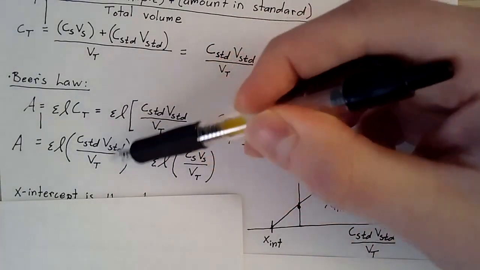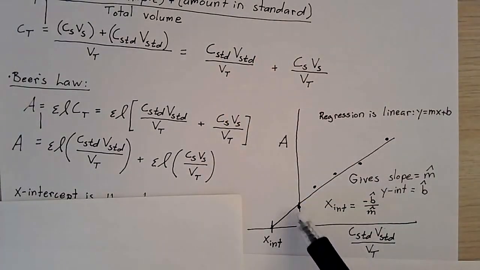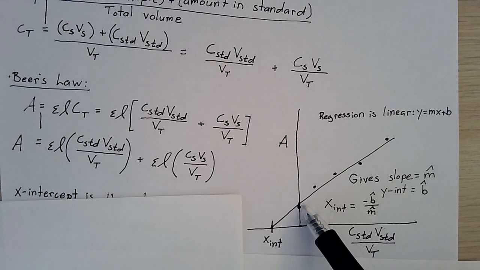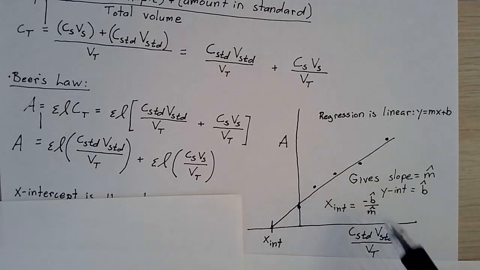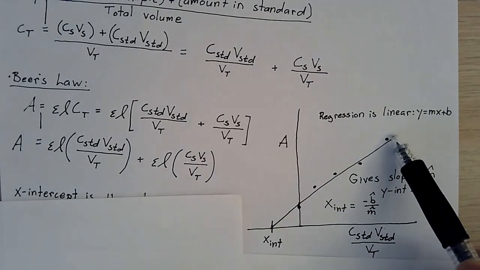So if we plot it against this, it's important to know that we would be making these dots. These dots are our measurements. So we measured the absorbance, that tells us how high they go. And we know the concentration of the standard we made, the volume that we added to each container, and the total volume that we diluted it to. So we can plot these dots.